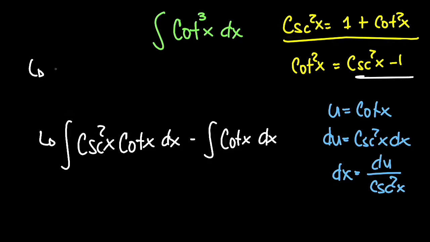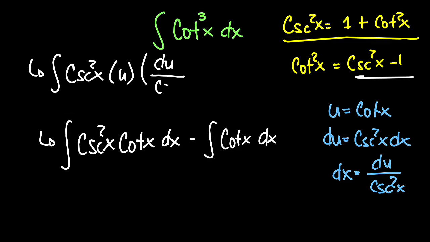By substituting it, this would be the integral of cosecant squared x, and cotangent x is simply equal to u, and multiply it by dx, which is equal to du over cosecant squared of x. You can see now that cosecant squared of x would cancel, and that is the objective of using a u substitution, to eliminate the other term besides it, and copy the rest first.